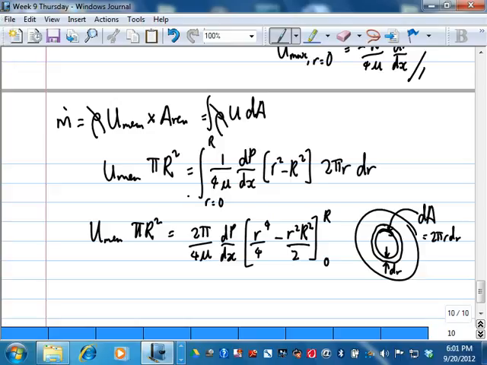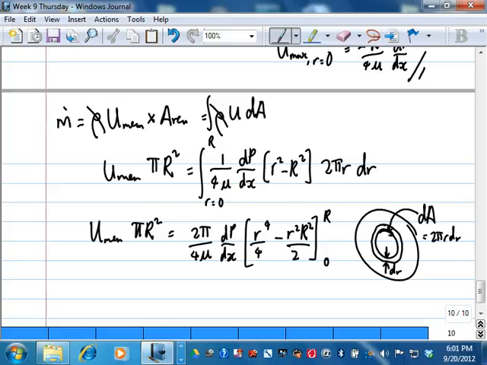The 2 pi and the 1 over 4 mu dp dx all go outside. Left inside is R squared minus r squared, but there's an r there, so I multiply. So r cubed integrates to r to the 4 over 4, and r integrates to r squared over 2.